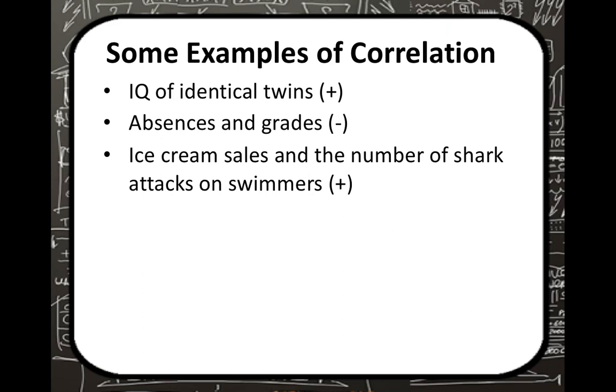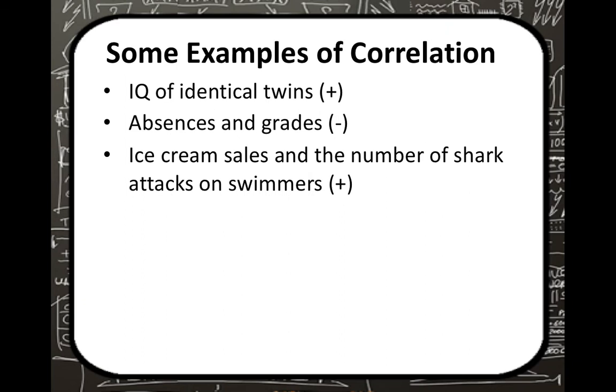Now, sometimes correlations are not super intuitive, right? So we have an example of ice cream sales and the number of shark attacks on swimmers. The first two examples that we use here, IQ and absences and grades, you can kind of see the causal factor underlying it, right?